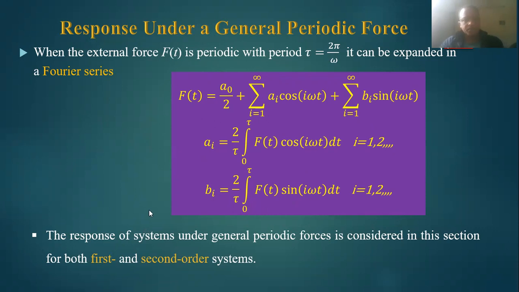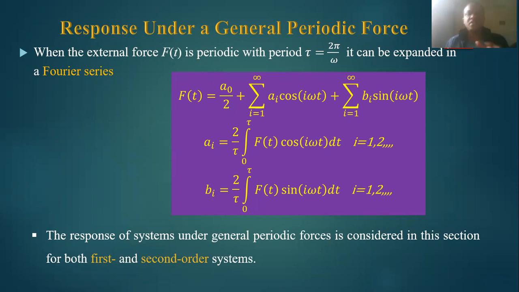So the response of the system under general periodic force is considered in this section for both first order and second order systems. We have discussed what a first order system and what a second order system is in our beginning lecture.